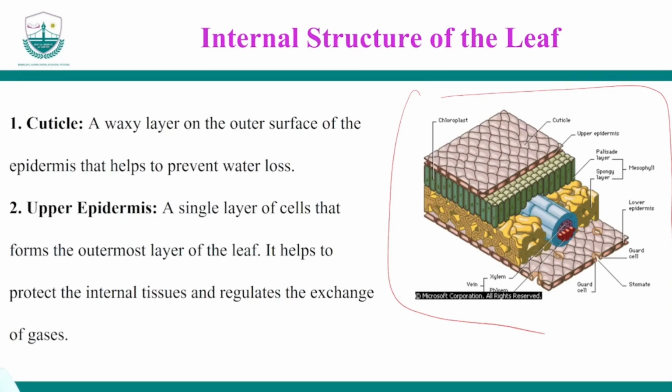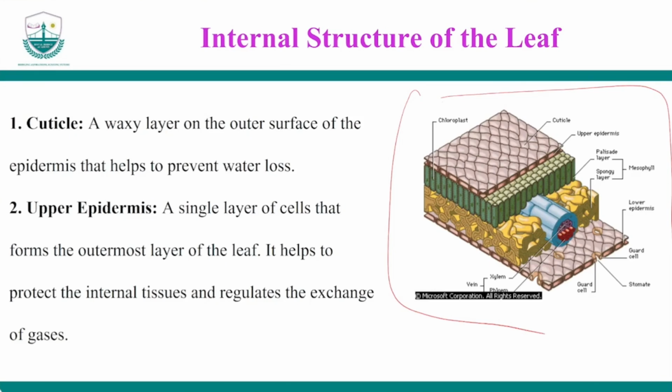One of the adaptations of plants on land is that they have what you call the cuticle. This cuticle is very important because on land, the major problem is desiccation: plants drying out because of the water that they lose.